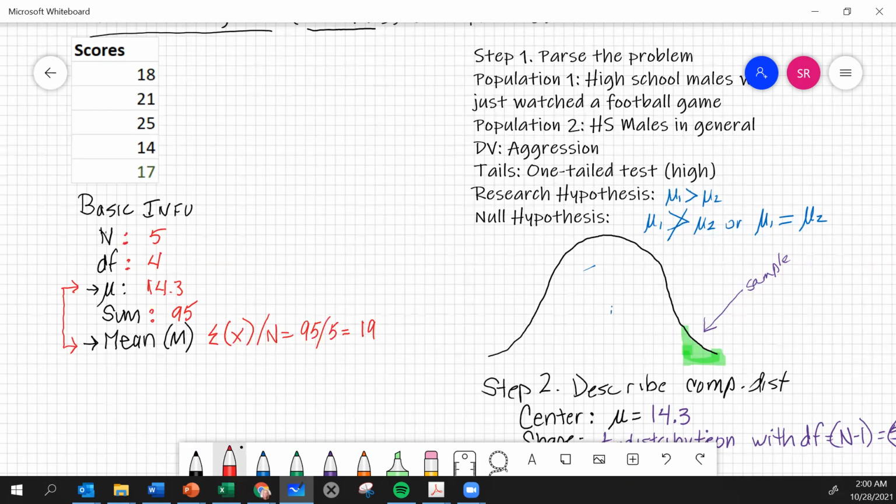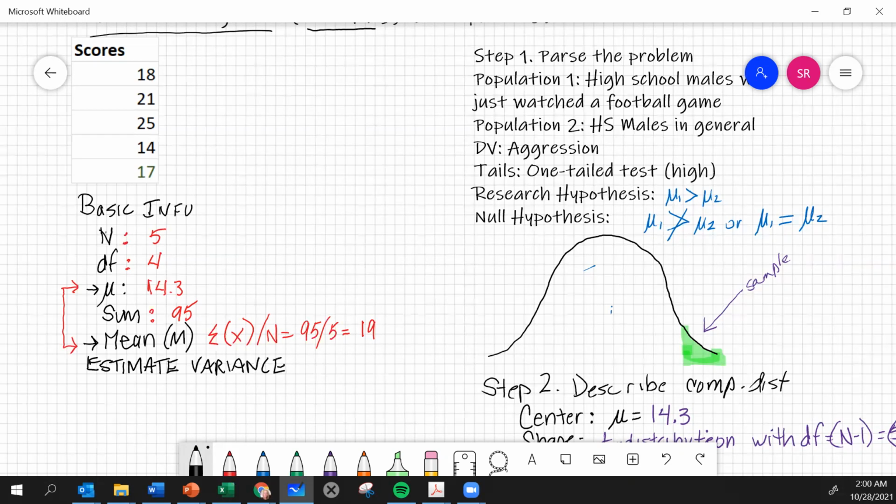So we're going to be comparing this 19 with 14.3. Our next step is to estimate the variance from this sample to infer to the population. I'll write this step down here. Next, we're going to estimate variance.